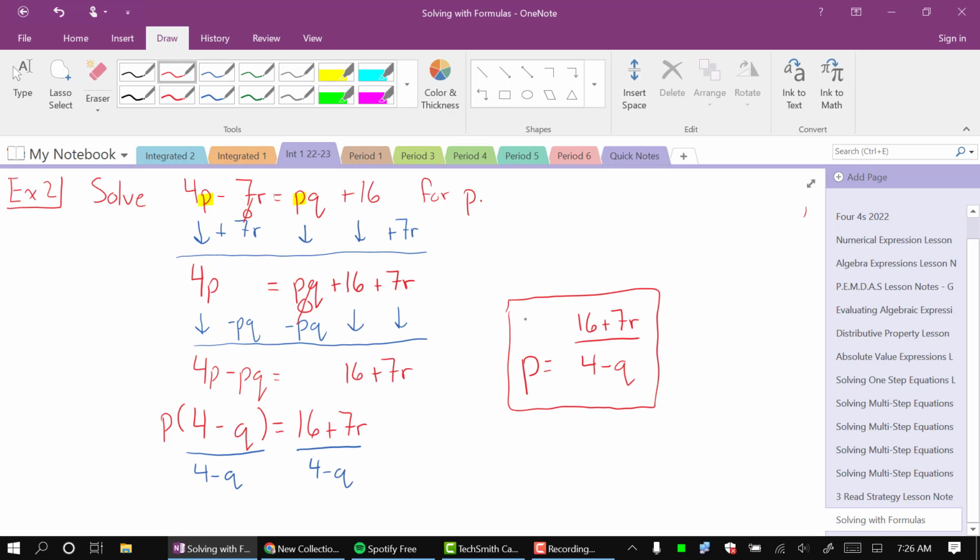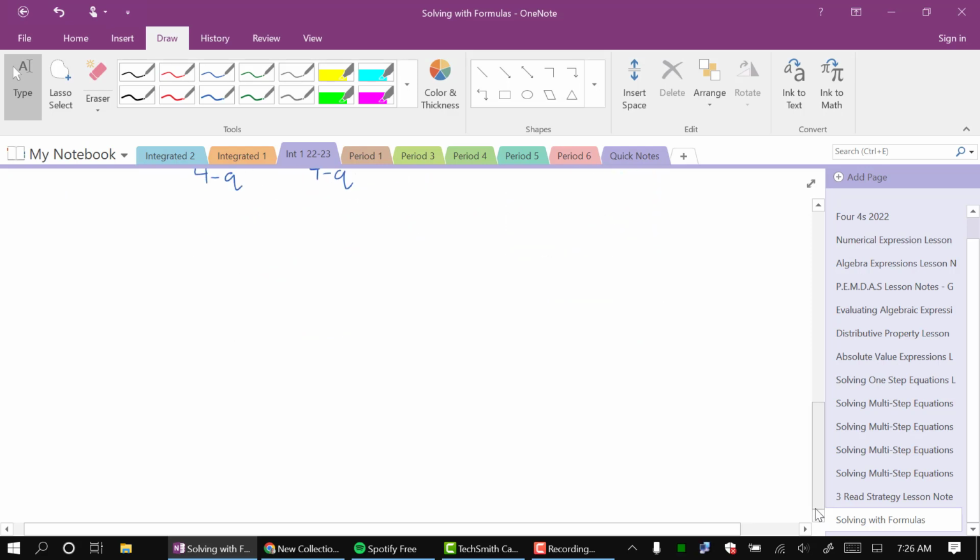So let's take a look at a word problem that involves a formula. Example 3. The area of a trapezoid is this thing.